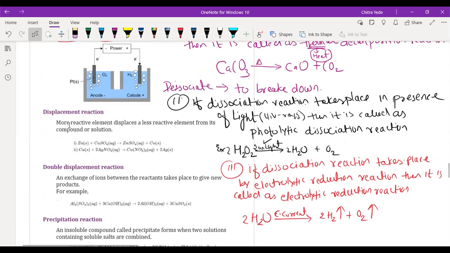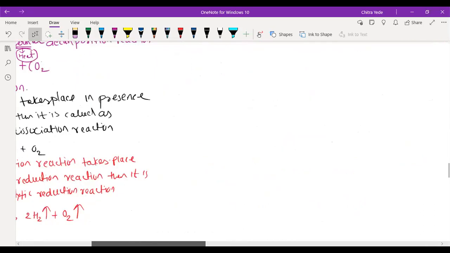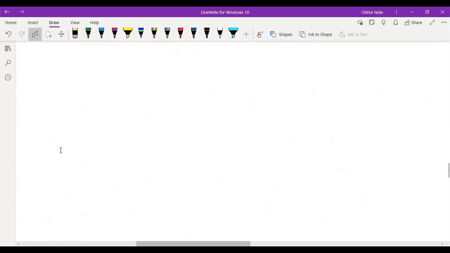Next reaction is displacement reaction, and we do not have place, so I'm going to explain this side. So the next reaction is displacement reaction.